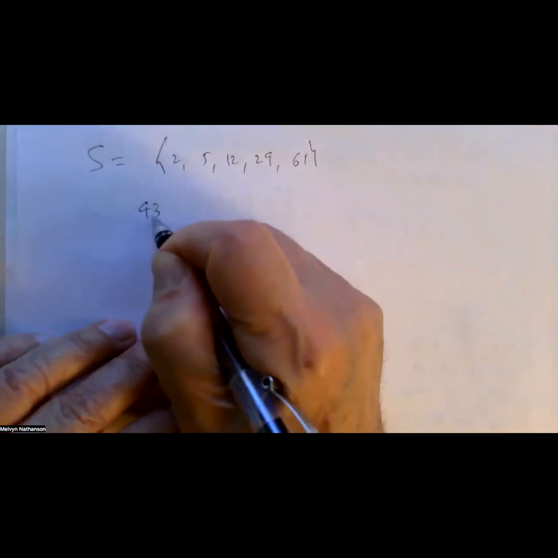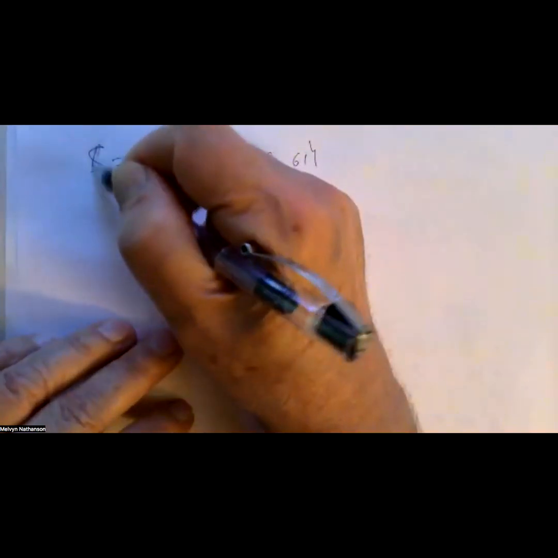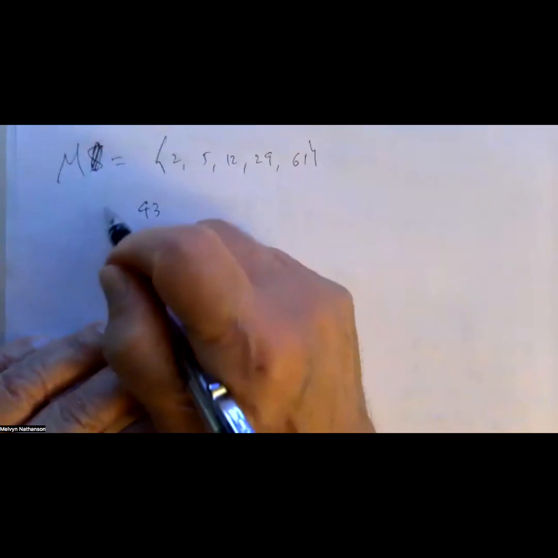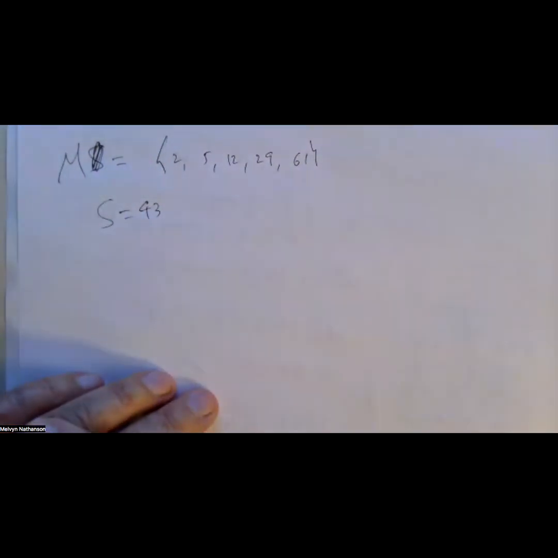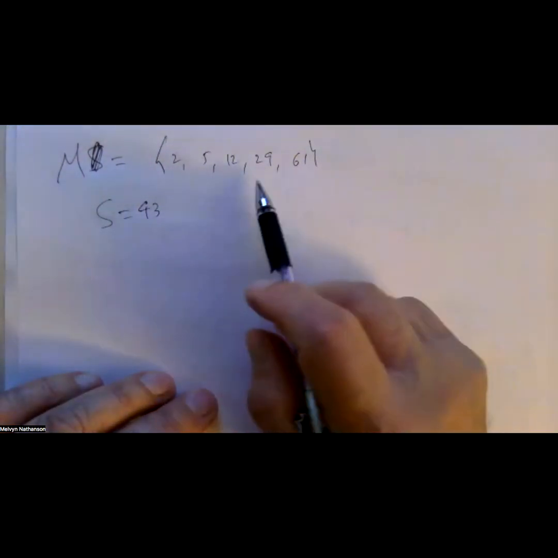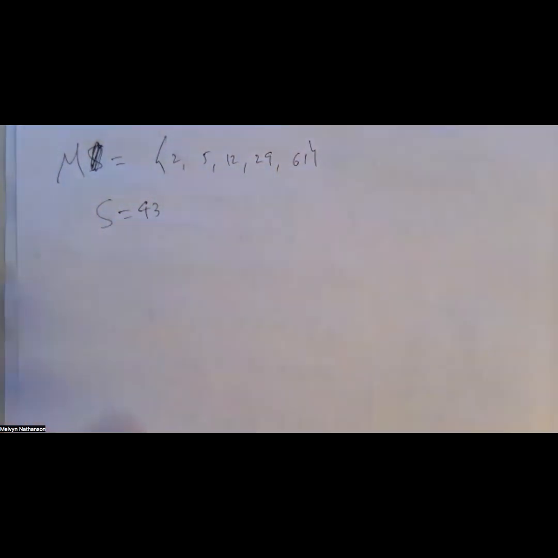This is my set M. Suppose I take the number S equals 43. Can we write 43 as a sum of numbers in this set? If so, tell me what they are. You're only allowed to use a number at most once. You can't use a number twice.